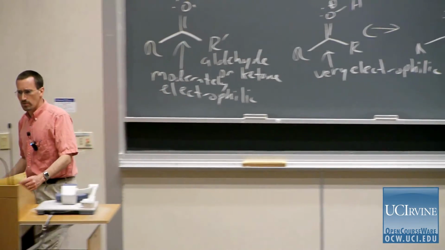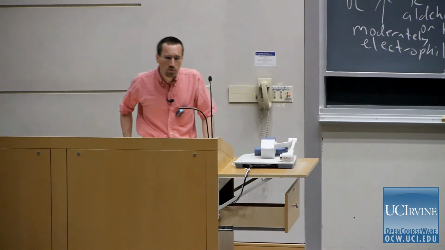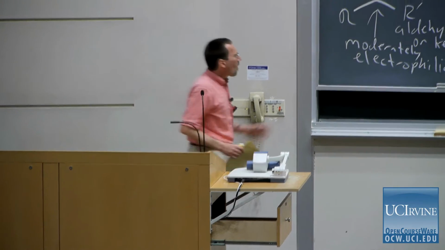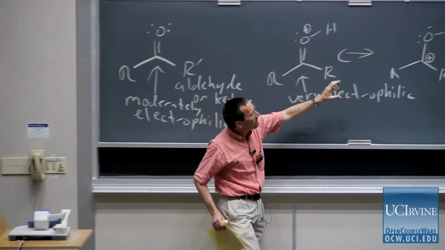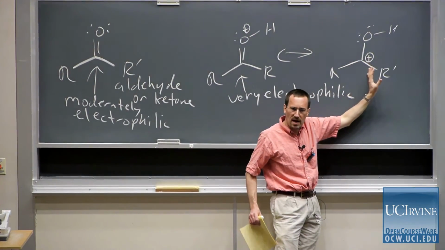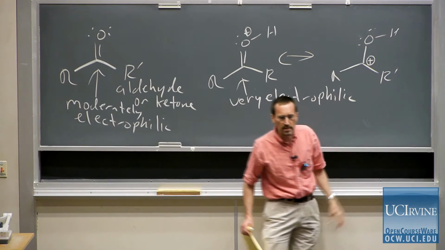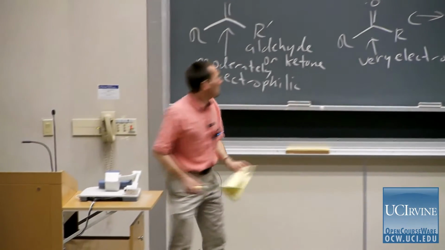It's still a minor resonance structure, but it's a bigger minor resonance structure, a greater contributor to the reactivity. So while we will maybe just draw one picture very often, in the back of our head we'll be keeping in mind that there is this component of reactivity embodied in this second resonance structure that makes this extra electrophilic.